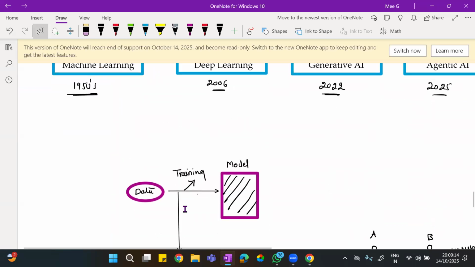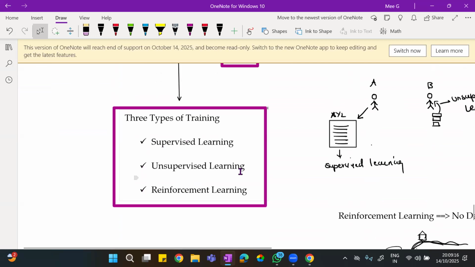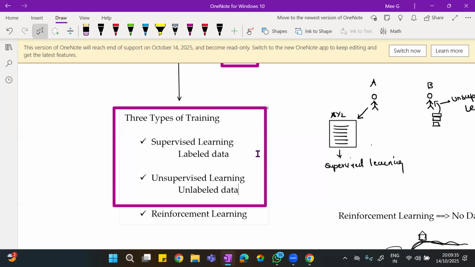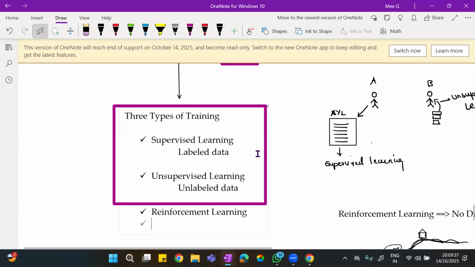So what is this? Training will be supervised learning, unsupervised learning. Supervised learning is nothing but, under supervision, you provide labeled data. And in unsupervised learning, you provide the data, but unlabeled. As we move forward, I will show you.